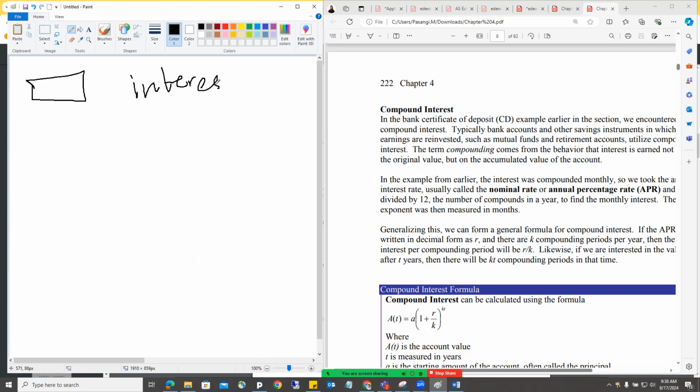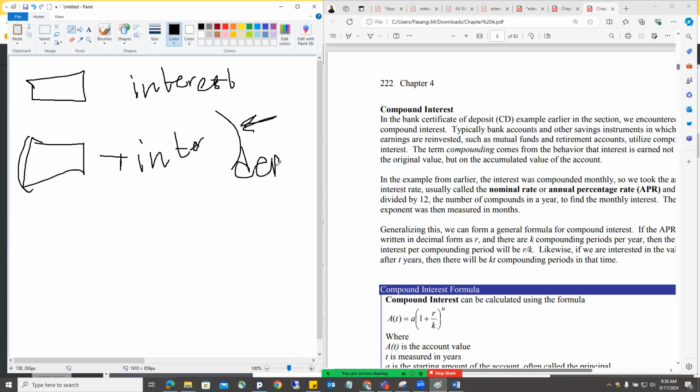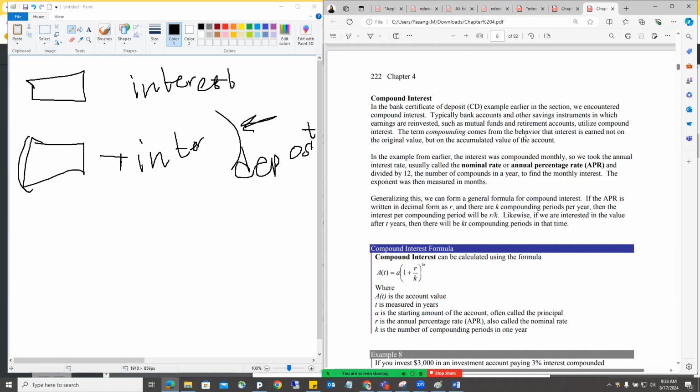So for the interest of the second year, this initial amount plus interest, the total amount, we consider as the total deposit money. And then for this amount, we will be calculating the interest. That's what happens with compound interest. Is it clear? Yeah. Okay.